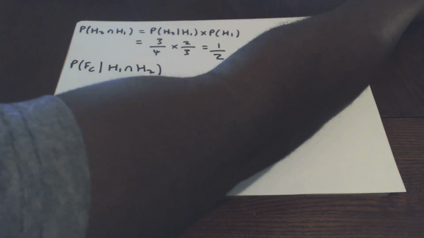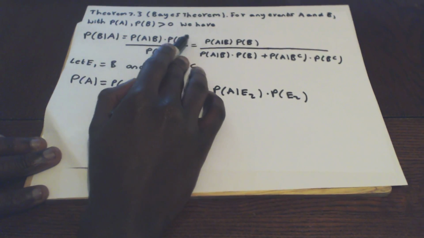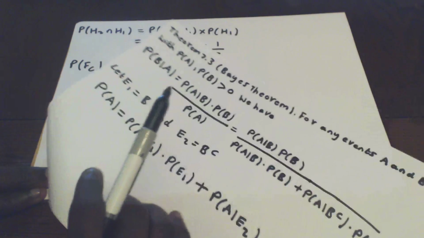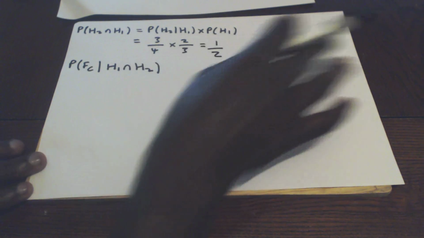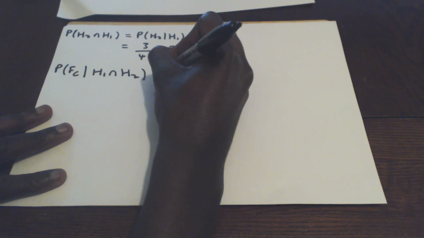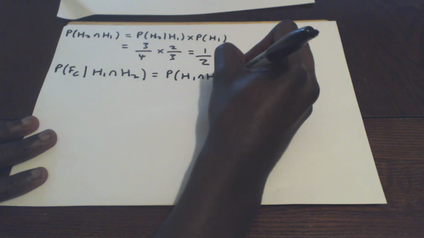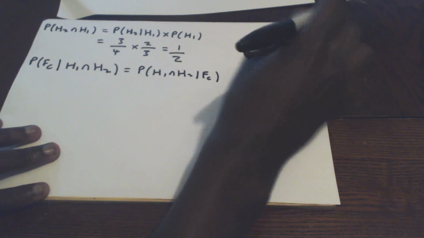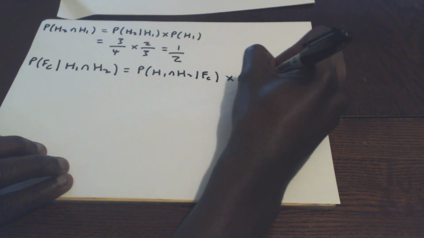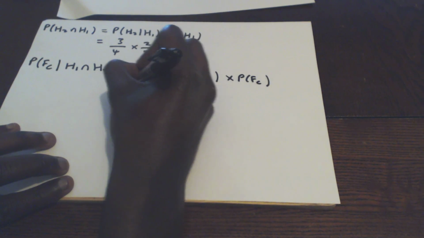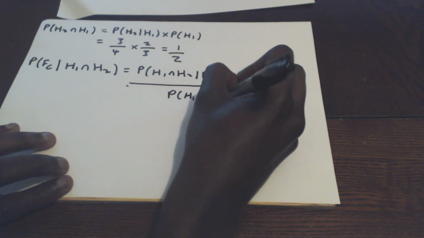Well, by 7.3 Bayes' theorem, B given A is the same as A given B times B over A. So FC given H1, H2 is the same as the probability of H1 intersection H2 given FC, which is the bias coin, times the probability of FC, divided by the probability of H1 intersection H2.